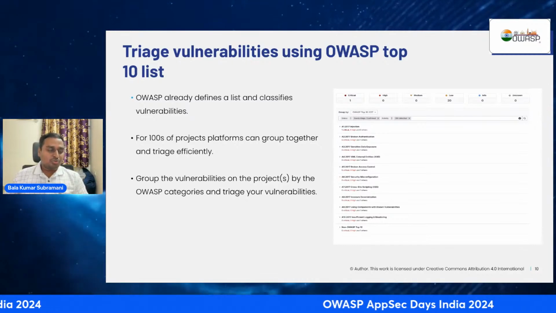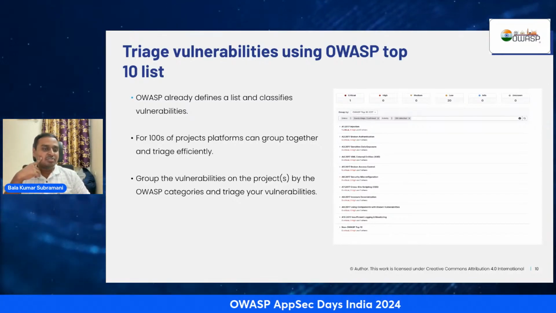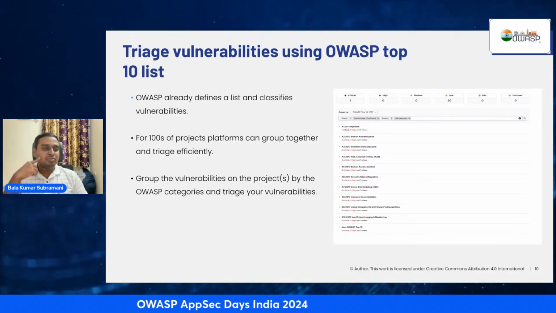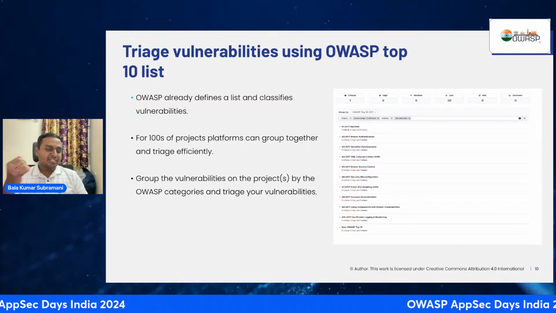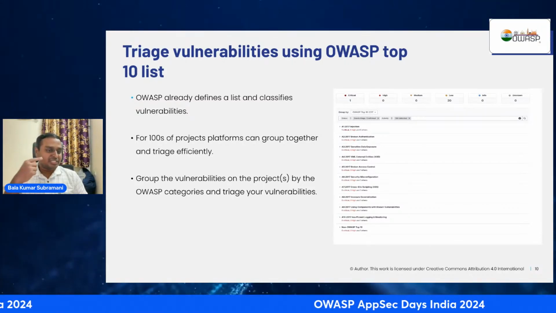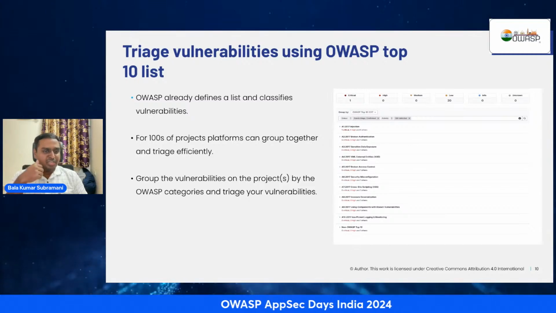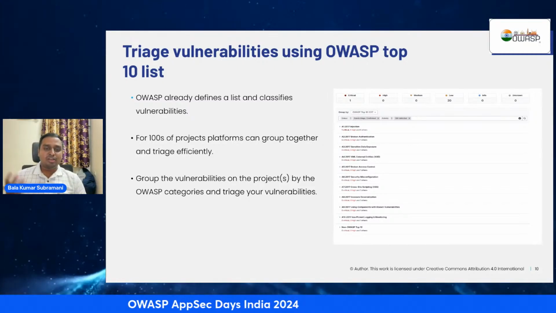So how do we do a compliance audit sort of thing? That's where platforms come into play. Once the scanners are configured and the reports are generated, we need a good platform to view the reports.